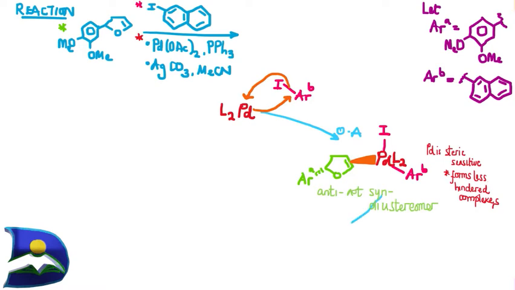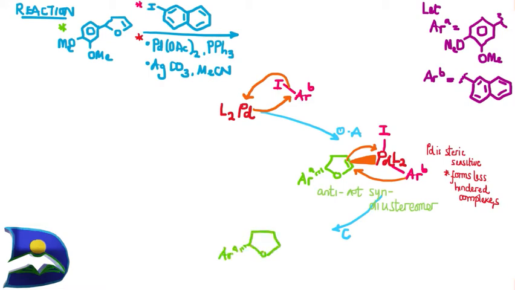Therefore, our specific next step, which involves carbometallation, will result in the aromatic ring B forming a sigma bond to the carbon right there, and then our palladium will form a sigma bond with that specific complex.